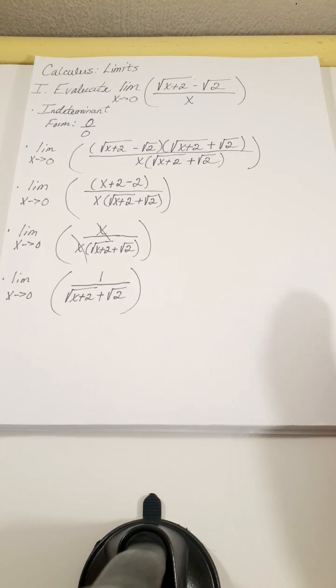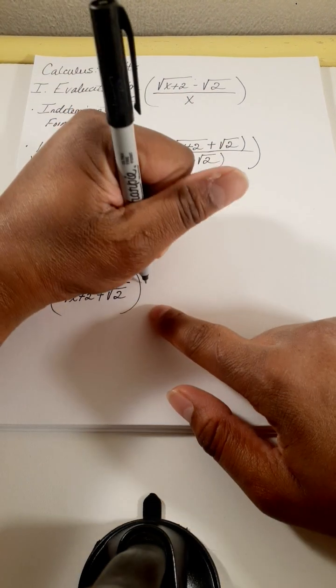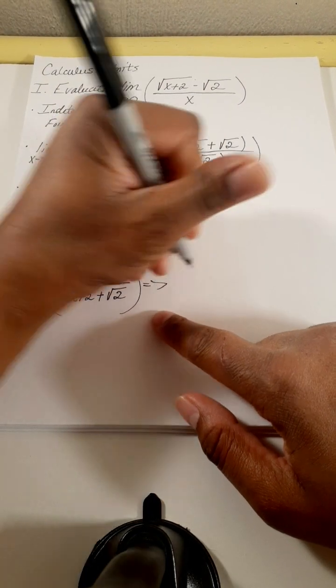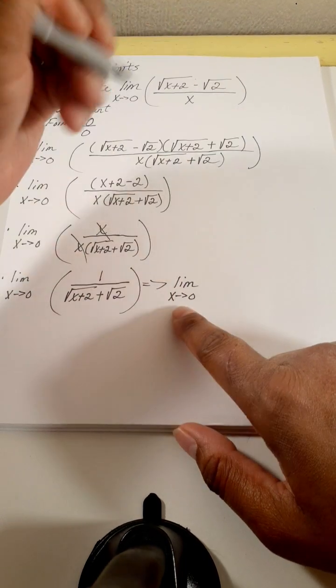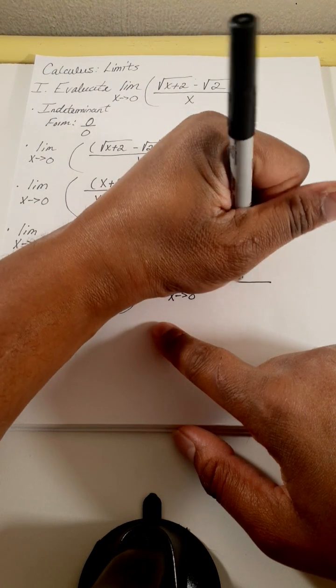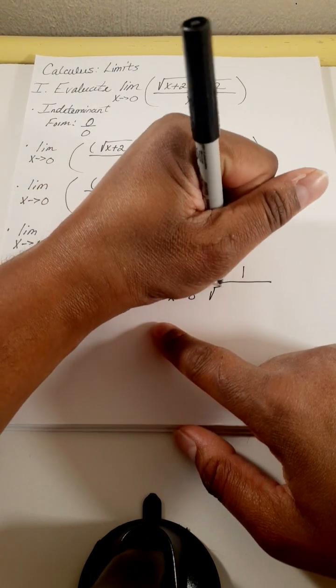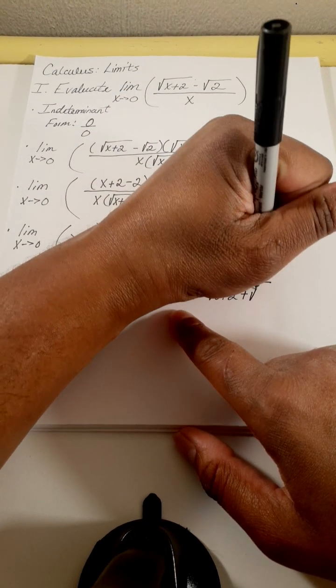Now you try the direct substitution again and see what happens. So when we do the direct substitution, this is the limit as x goes to 0. You just plug the 0 in, basically. So what you'll have is 1 over the square root of 0 plus 2 plus the square root of 2.